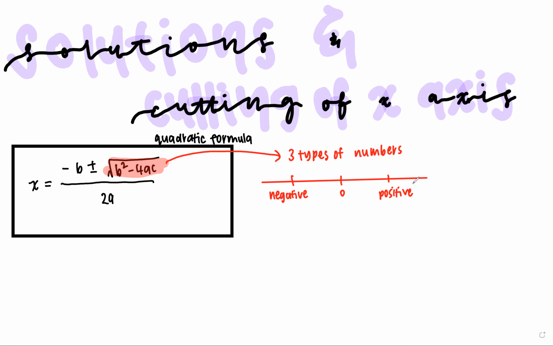Okay? So now, guys, if I were to square root a negative number, what do you notice? Math error, because if you square root a negative number, it can't be plus plus, or minus minus will also be plus. Yes.